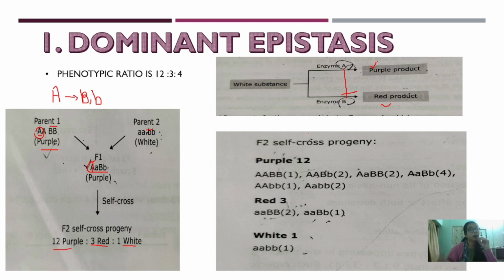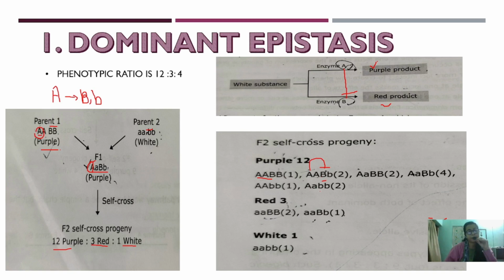So you can see here in the F2 progeny, we get this type of progeny. Here capital A is present, so purple. Here capital A and capital B are present, but because capital A is suppressing capital B, it can't express itself, so purple color will be found here also.